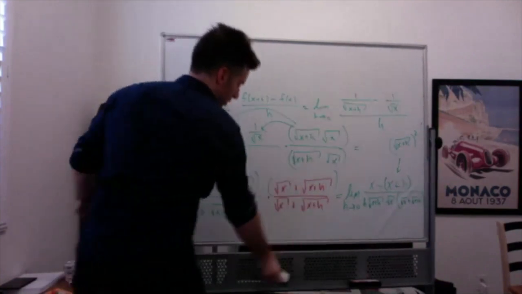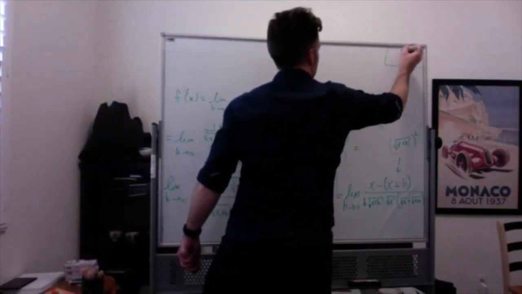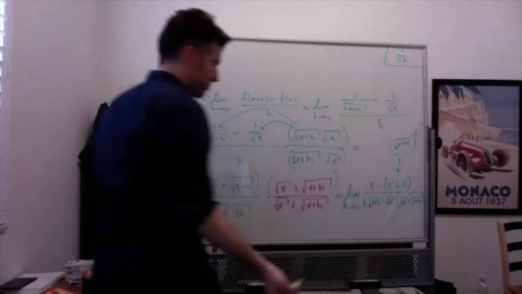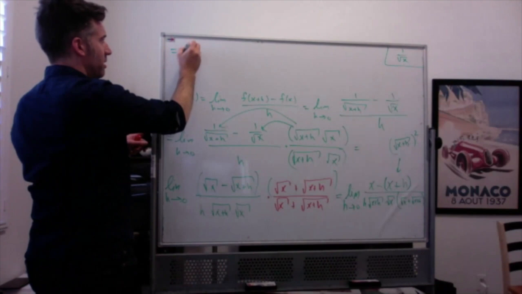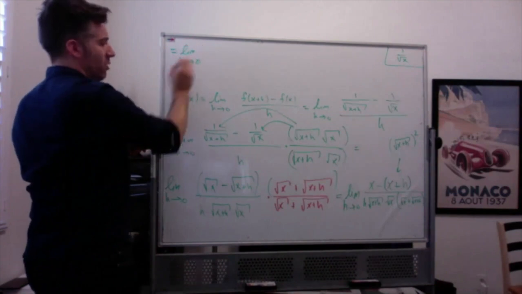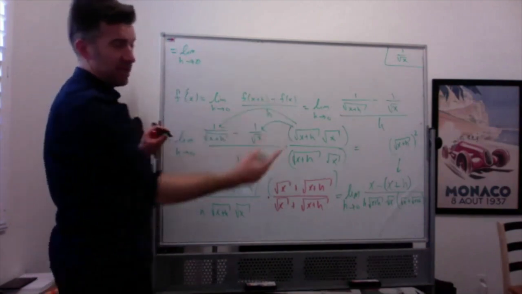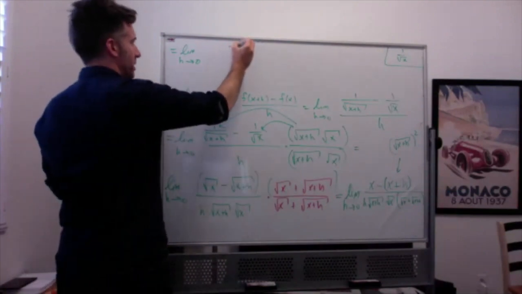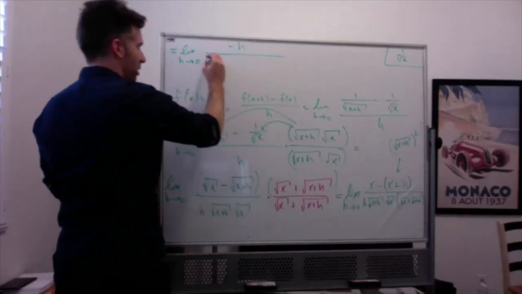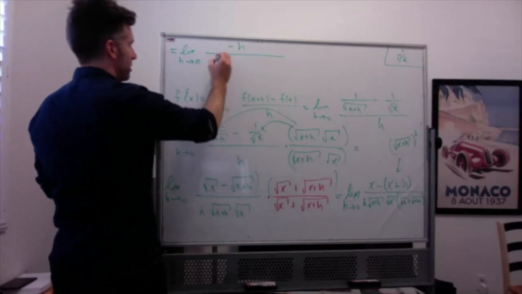So again, the function we're taking the derivative of is 1 over the square root of x. So let's simplify just a tiny bit. I'm going to get the limit as h goes to 0 of x minus x cancels. So you get x minus h, which is just minus h, over h times all of the rest.